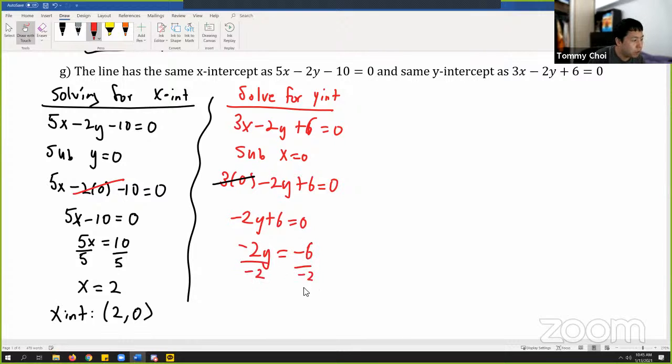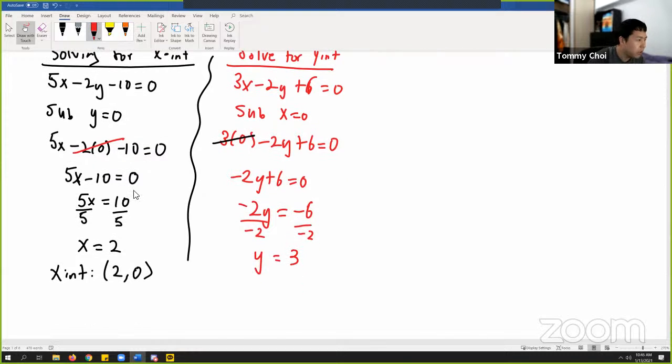Dividing by negative 2 on both sides, that'll give me y equals positive 3, which gives us our y-intercept, which is 0, 3, and that tells us that the b value is also 3.